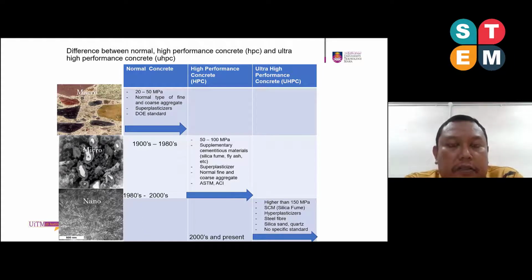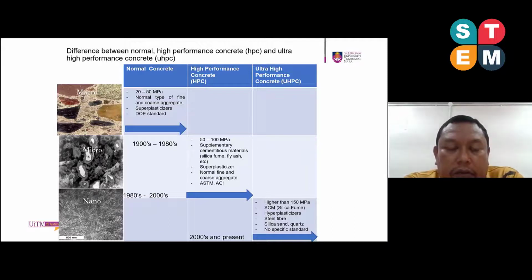So the issue between normal and high performance concrete is on the macro and micro structures. The latest, or not so latest but currently being developed all over the world, is the application of ultra high performance concrete, where the strength is more than 100 MPa and can reach 200 MPa, based on the demand of unique structures in construction today.